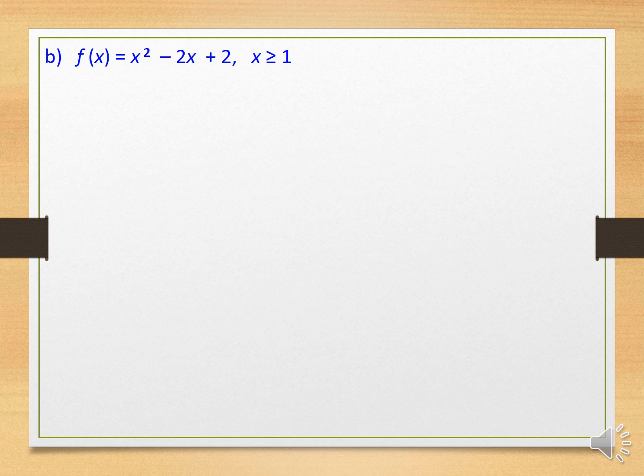Therefore, when we restrict the domain, as in this example, x more than or equal to 1, we get f(x) equals (x minus 1) squared plus 1, completing the square to make x the subject.